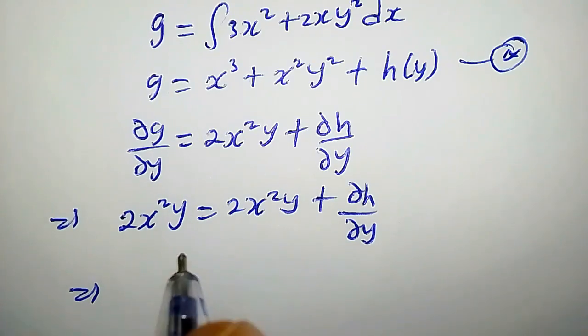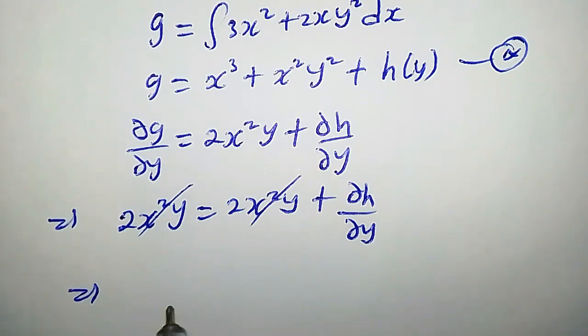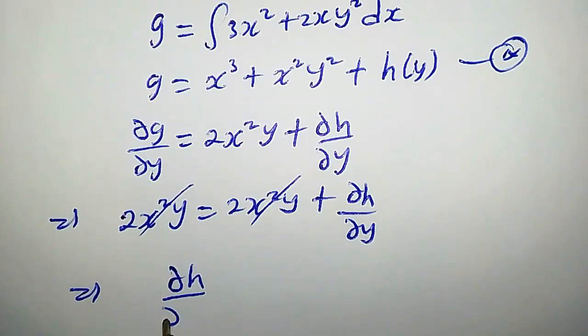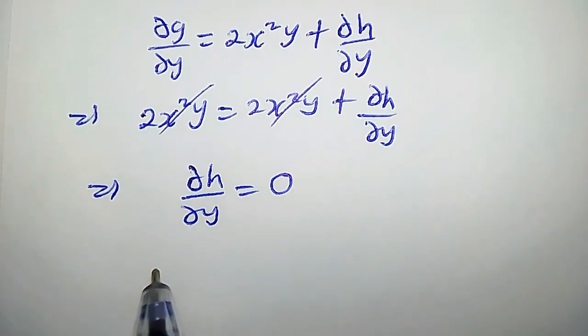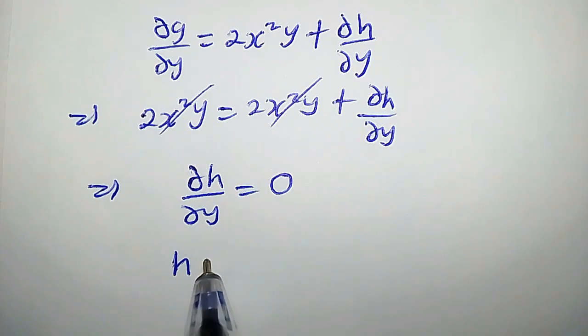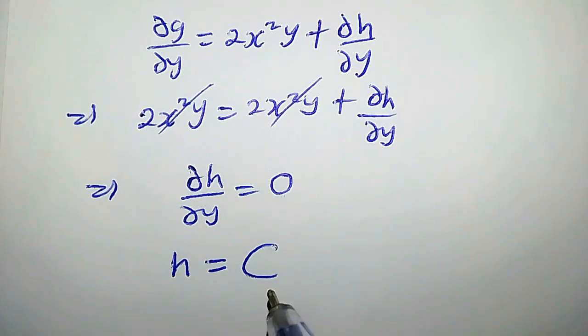This in turn gives 2x squared y cancel 2x squared y. We are left with partial h partial y equal to 0. Now, let us integrate this with respect to y. So we have h equal to, integrating 0, we have a constant c.